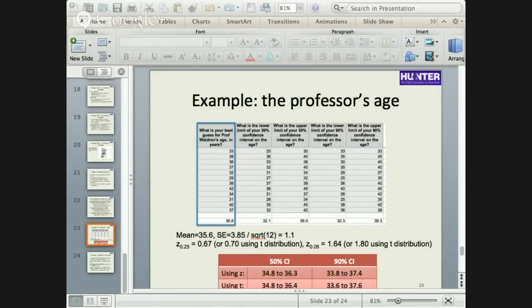Because in the first classes, we gave you a mean and a standard deviation, and we had you calculate the probability that an individual is outside of this limit or between these limits.